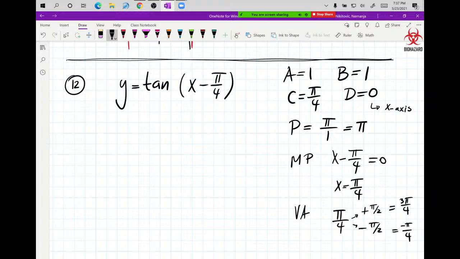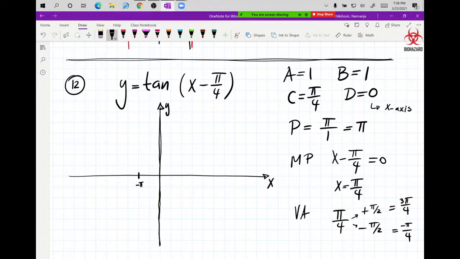Good. So now we are going to draw our line. We're going to put this y-axis. And again, yes, we have pi over 4. But guys, again, I don't care. For me, those are tick marks. So what do I have? I have one tick mark to the left, negative pi over 4. I have one tick mark to the right, pi over 4. And then also 3 pi over 4. That's it. I have a negative 1, positive 1, and positive 3.